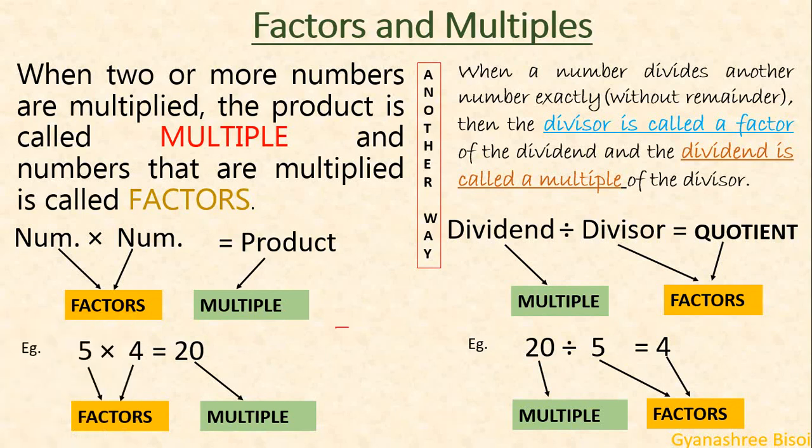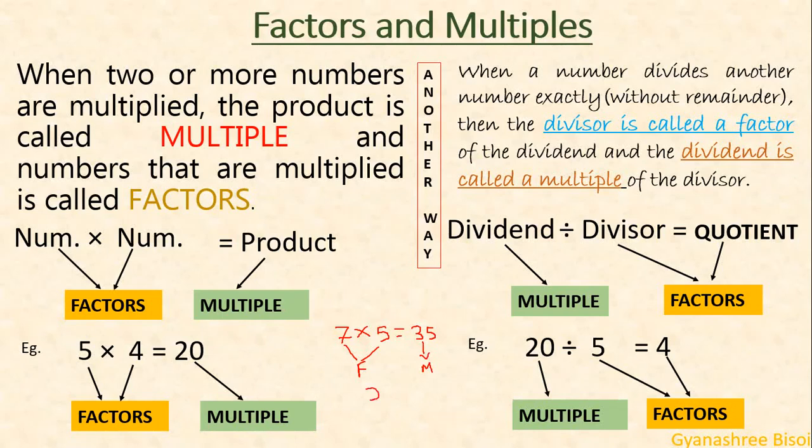For example, 7 multiplied by 5 equals how much? Equals 35. Okay. So 5 and 7, these two are factors of 35. And 35 is the multiple of 7 and 5.